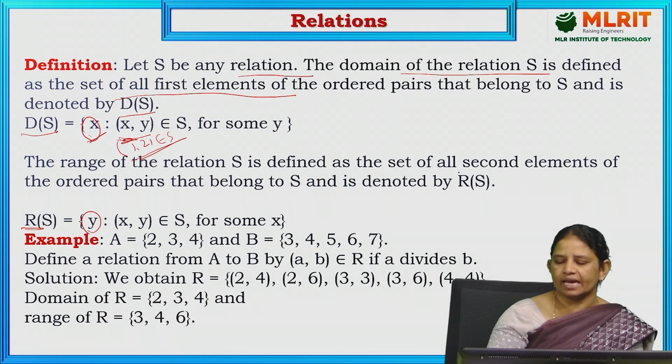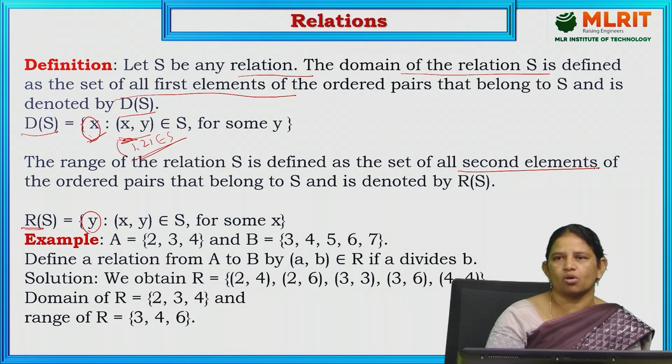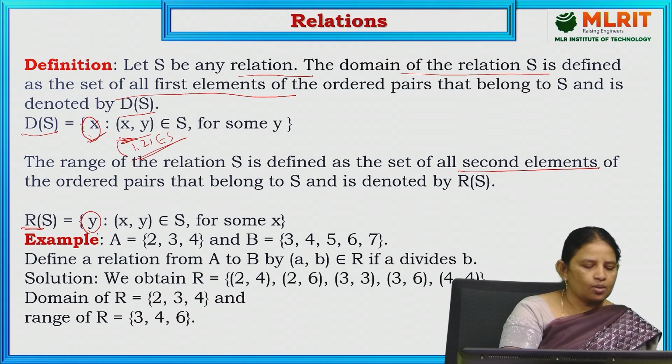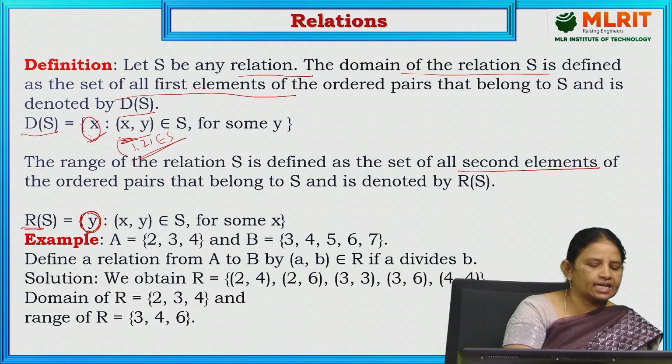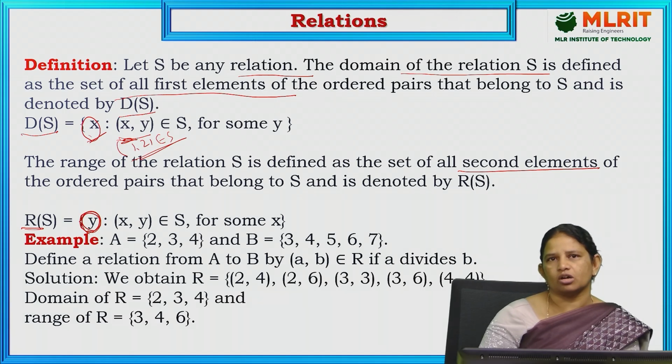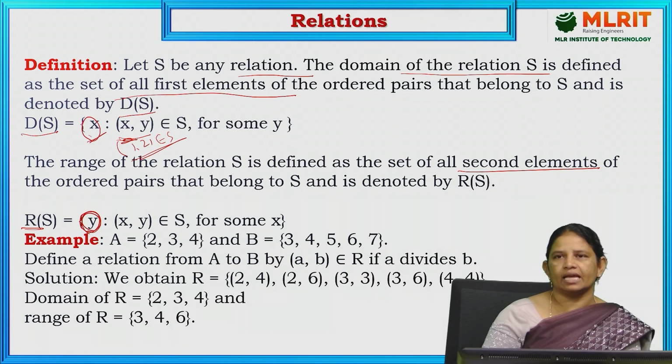The second element in the relation is called the range. For example, (x, y) belongs to S for some x. Then we consider only the second element in the set of ordered pairs. The second element is called the range.